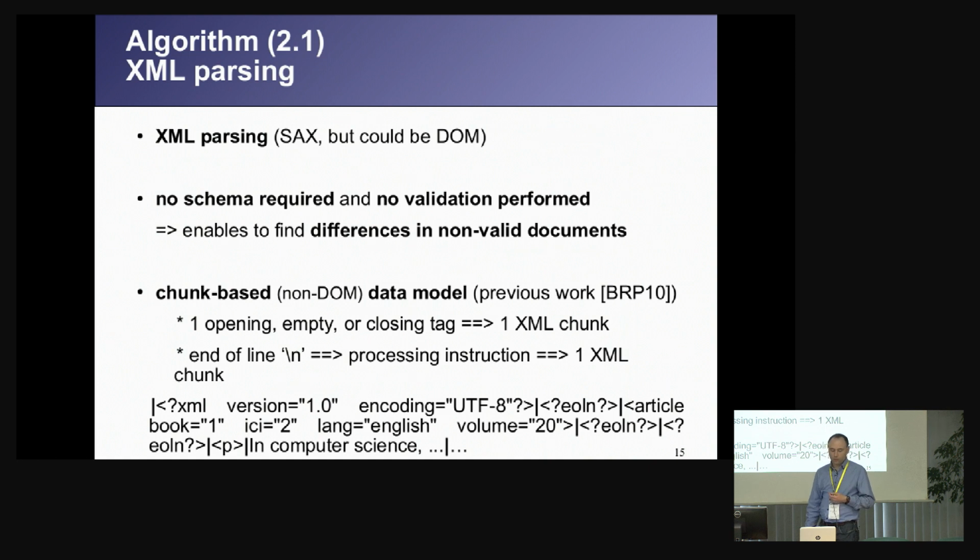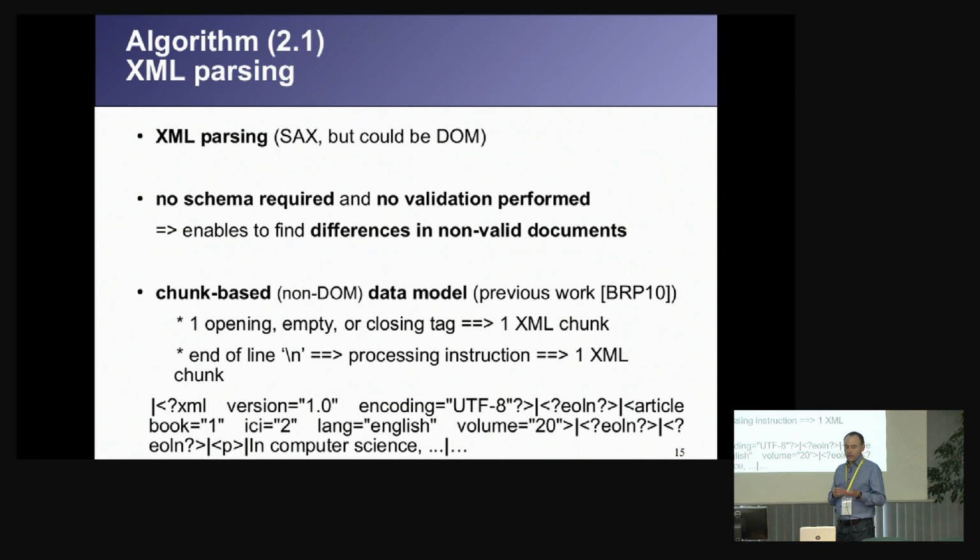To store data in memory, we've chosen a chunk-based data model. It's not DOM, it's not XDM. It relies on some of our previous work, but it's very basic. Opening, empty, or closing tags are stored each as one XML chunk. When you take an XML element, it is stored as an opening tag chunk, many chunks for the children elements, and a closing tag chunk.